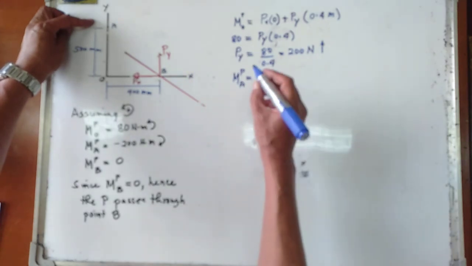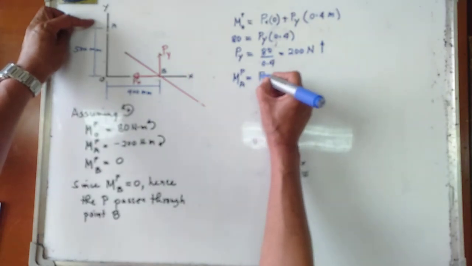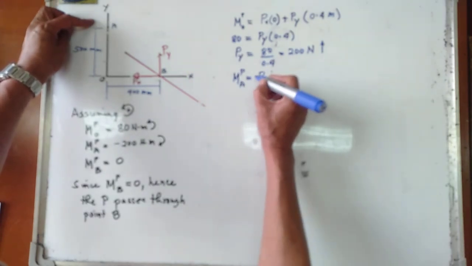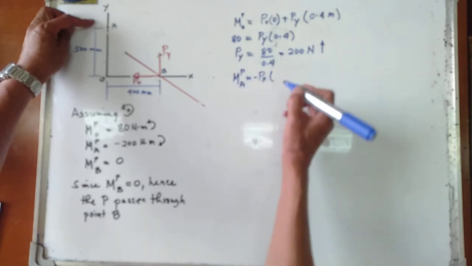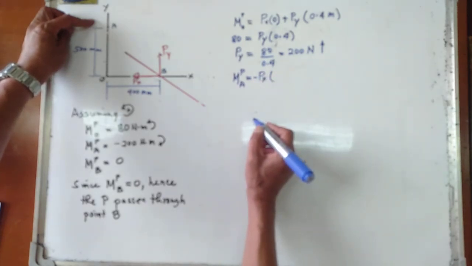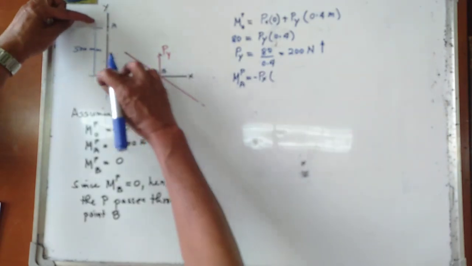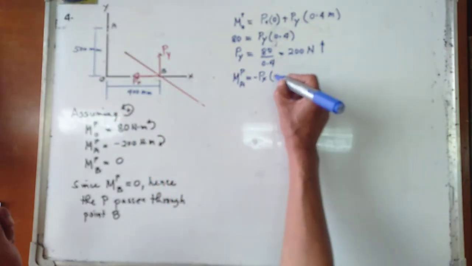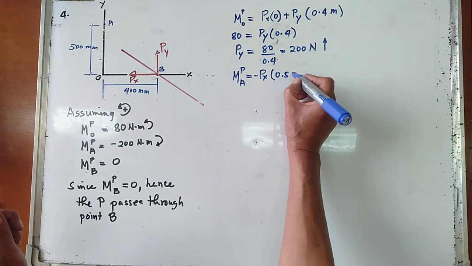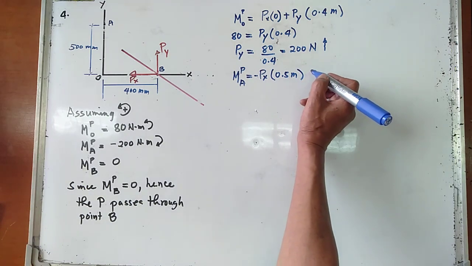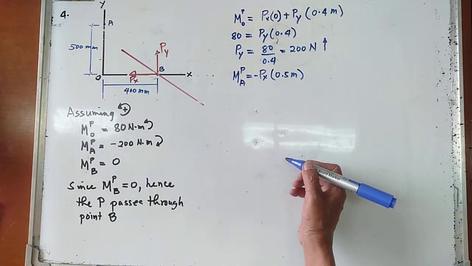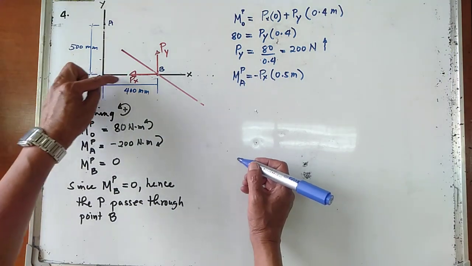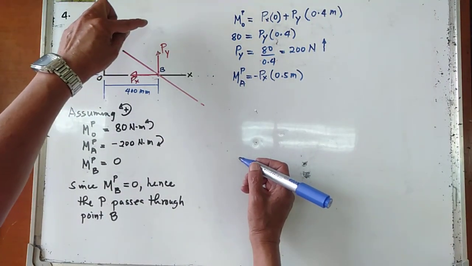We now have minus Px, and the moment arm is 500 mm, or that is 0.5 meters. So that is going clockwise.